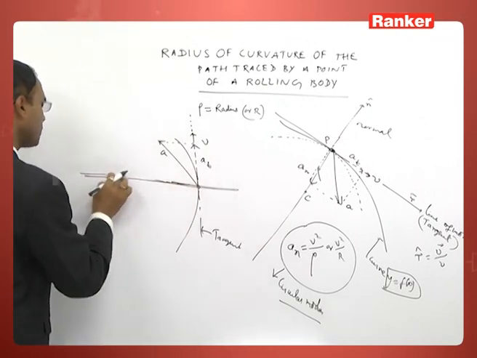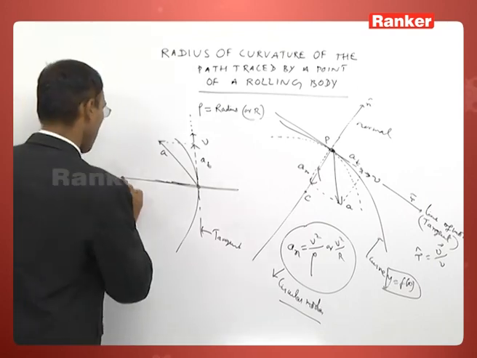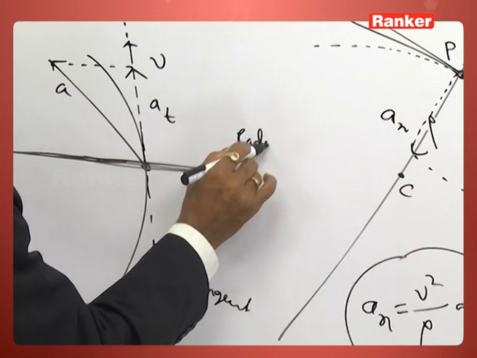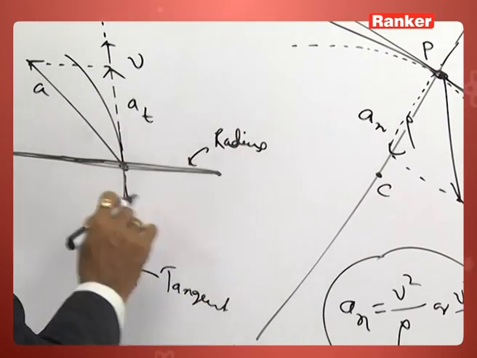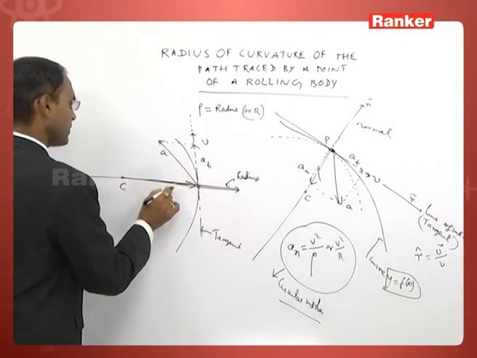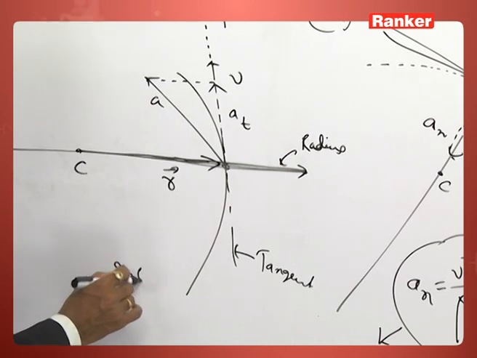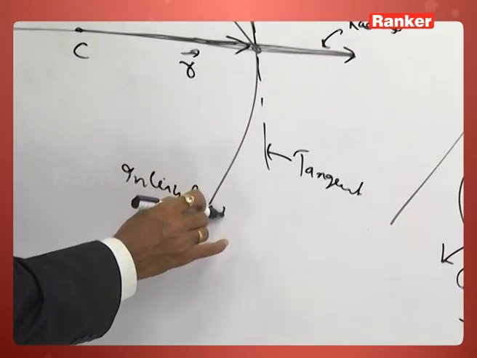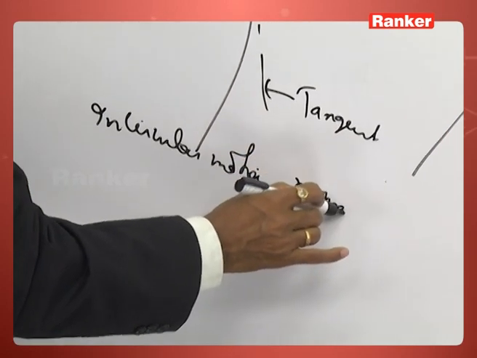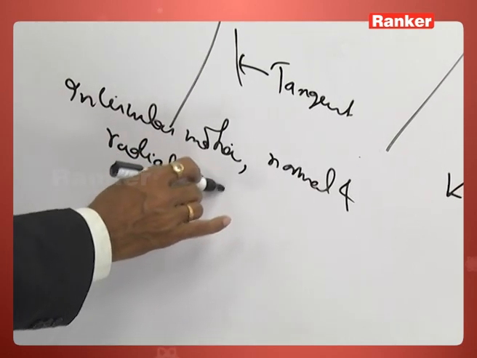This normal passes through the center of the circle. Therefore, this normal can be called a radial direction. This is outward radius, this is inward radius, and this is the radius vector. First, in circular motion, normal direction and radial direction are the same.